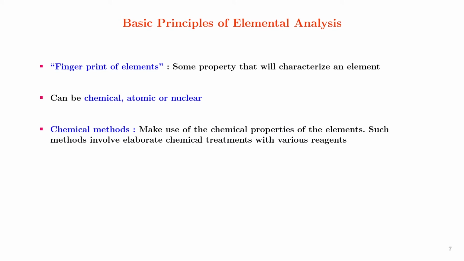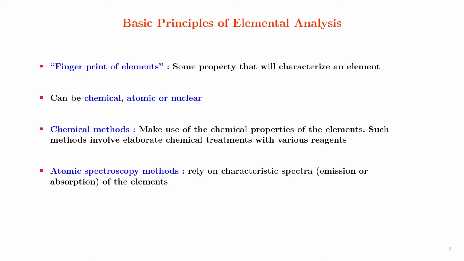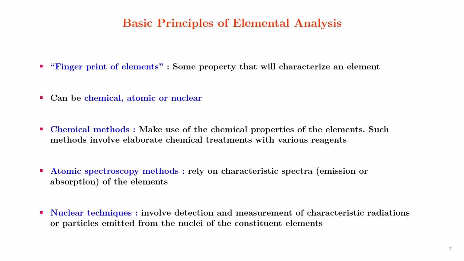Such methods involve elaborate chemical treatments with various reagents. The atomic spectroscopy methods rely on characteristic spectra, which could be emission or absorption of the elements. And nuclear techniques involve detection and measurement of characteristic radiations or particles emitted from the nuclei of the constituent elements.